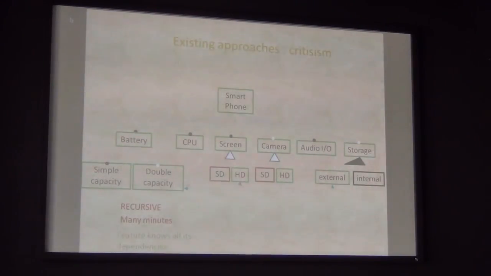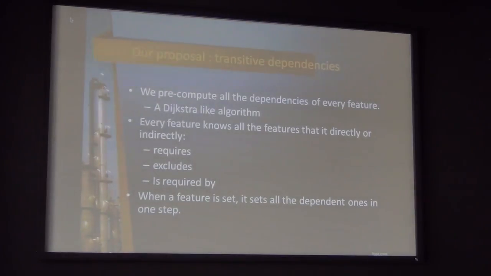So the idea is, what if we could know all the dependencies of a feature? If we can pre-compute all the dependencies of a feature, then setting a feature or configuring a product could be almost instantaneous.